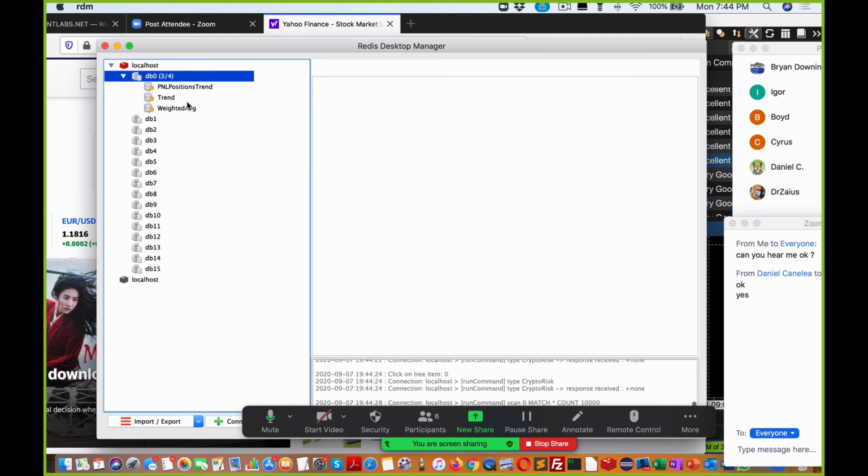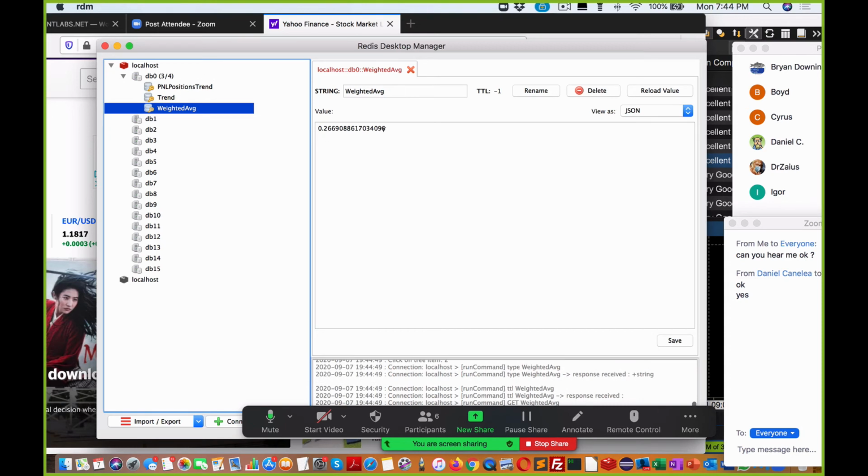I know the largest coin out there is Bitcoin, and then Ethereum's number 2. So using that volume against all the other coins, plus the price move or price direction, I'm able to get this overall weighted average of those 5 coins. Because of that, it's very predictable to know which direction overall the crypto market will go in.